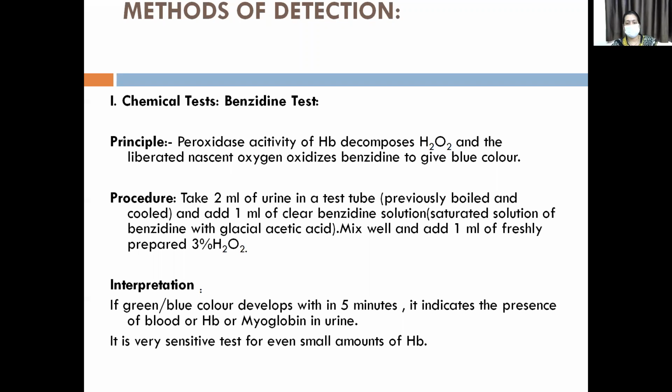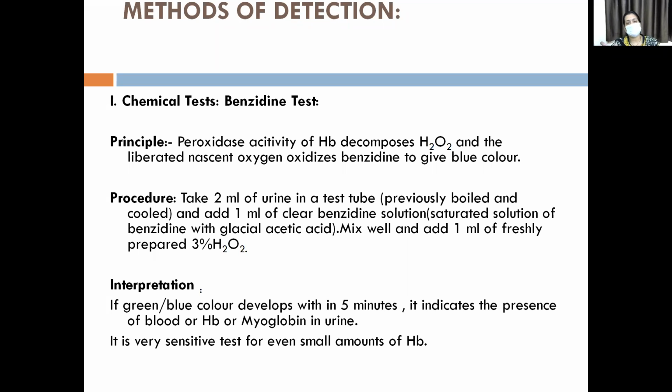Mix well, then add 1 ml of freshly prepared 3% hydrogen peroxide. If a green or blue color develops within 5 minutes, it indicates the presence of blood, hemoglobin or myoglobin in the urine. It is a very sensitive test, even for small amounts of hemoglobin. Remember, hemoglobin inherently has peroxidase activity.